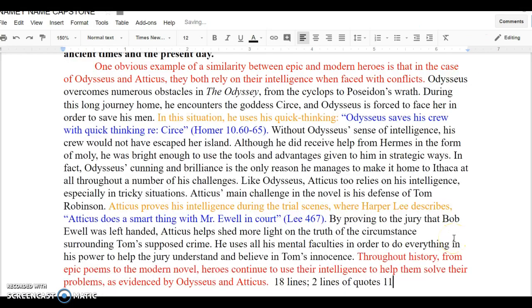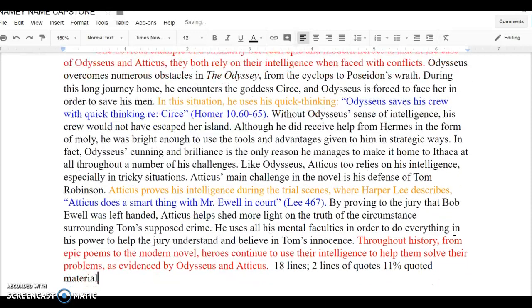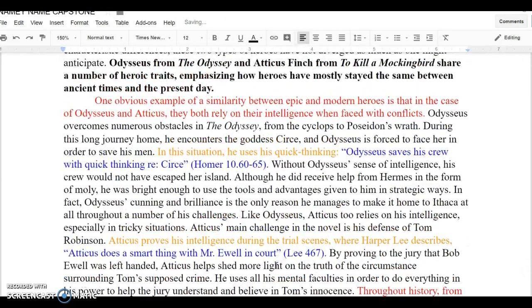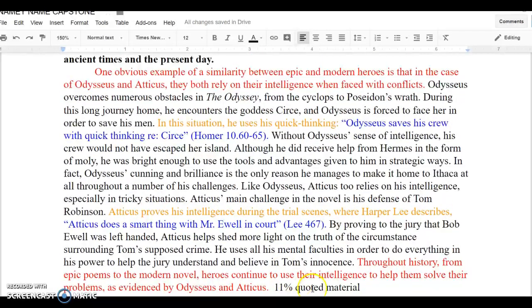So this one is 11% quoted material. Okay? And that is less than 25%. So we're good to go. I'll show you what to do if it's not in a second, but just go through and figure out how much of your paragraphs are the author's and how much is your actual writing.